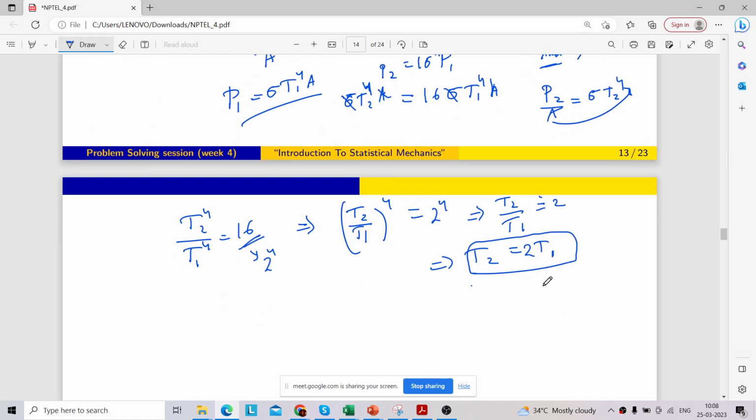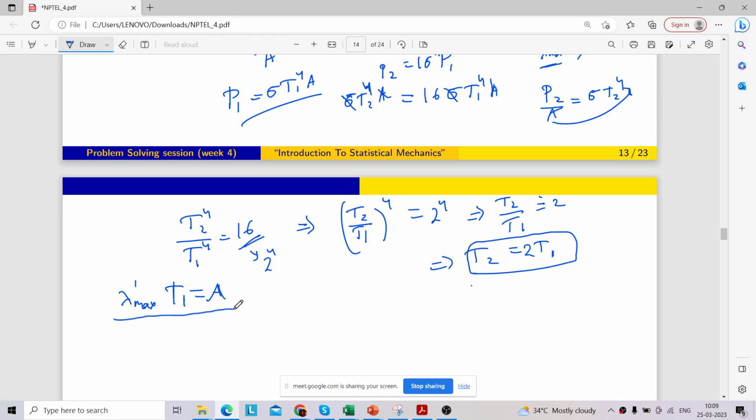So I can apply that, like initially we have the displacement law, we can write lambda max times T1 equal to a. Let's write it as lambda 1 max T1 as a.